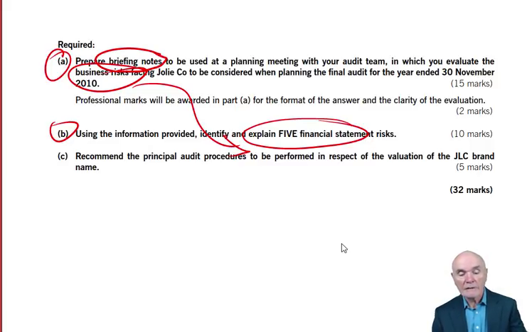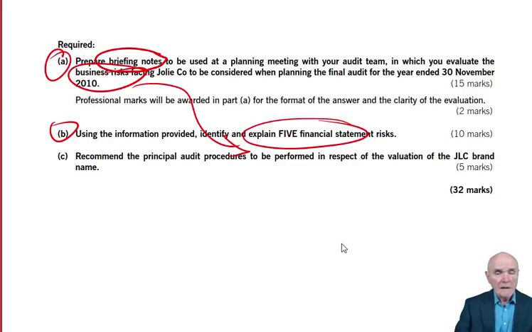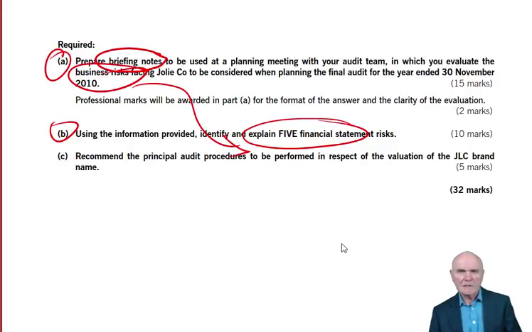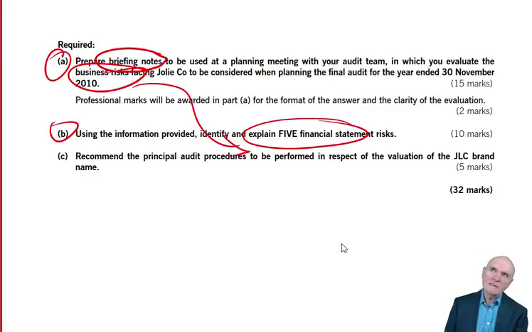And we need to explain also, a little bit certainly, why this audit procedure might be relevant. It doesn't say recommend and explain, it just says recommend, but it's hard to recommend, I think, without giving some basis of the recommendation.